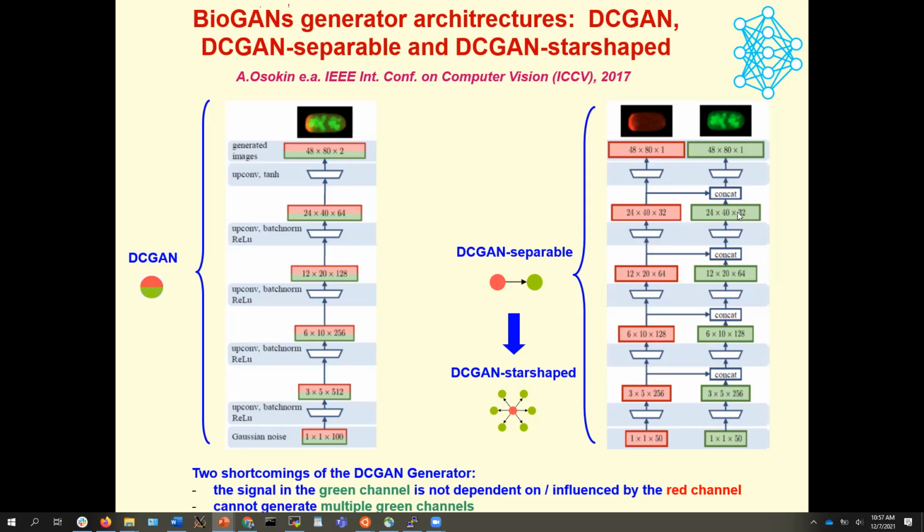The number of images in the output of transpose convolution is a parameter of transpose convolution. We can specify whatever we want. I discussed it in one of the previous slides. So basically, yes, we use the concatenated tensor to produce the next tensor of the green channel.